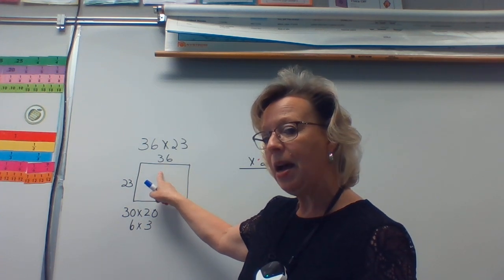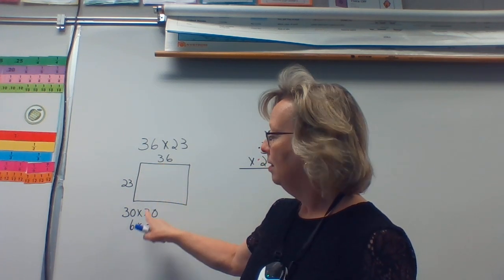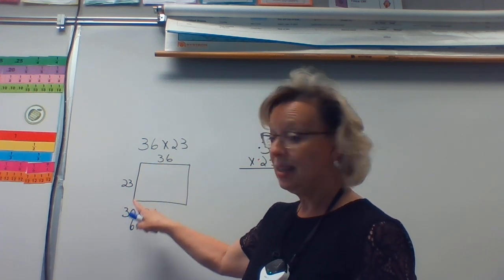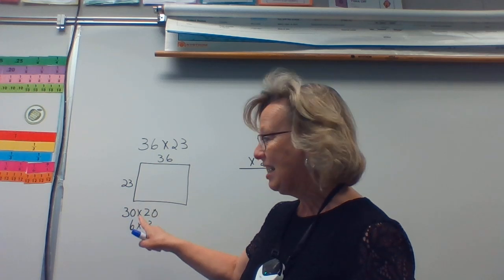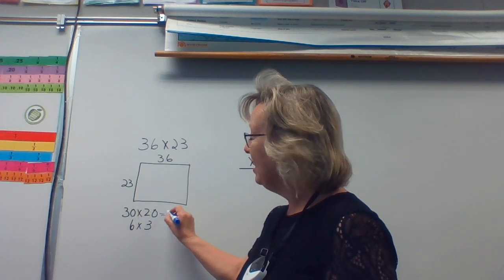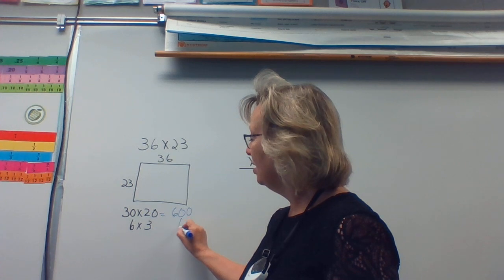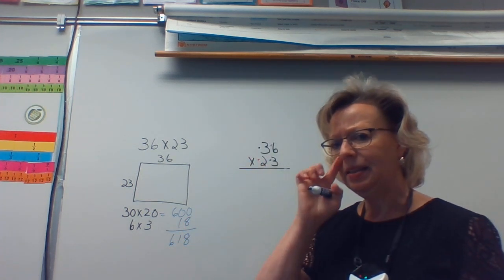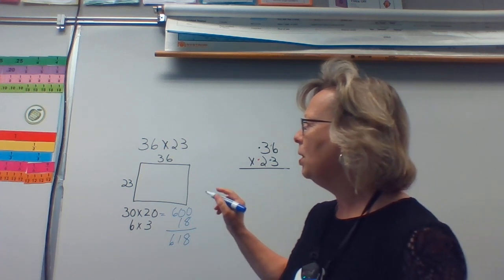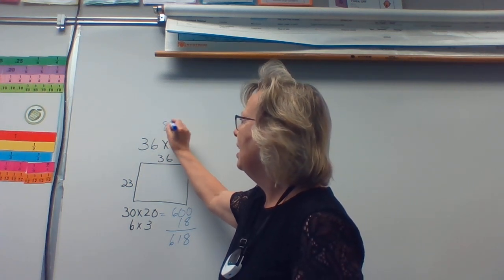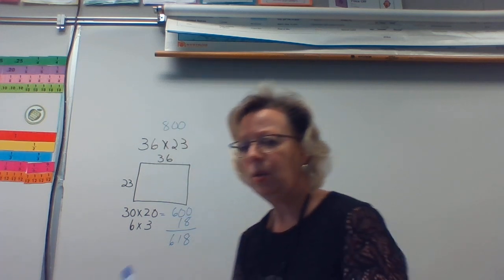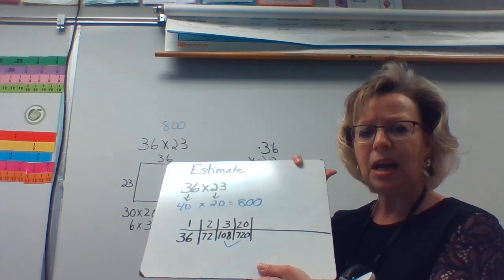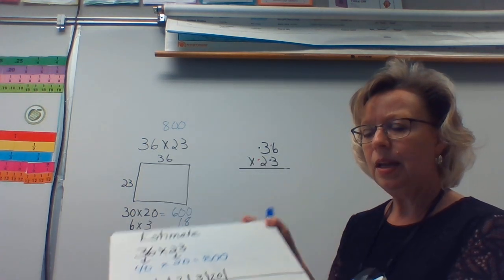Now, thinking about this array, can I just do 20 times 30 and 6 times 3? If I did that, my answer would be 618. But my estimate was around 800, and that answer doesn't match my ratio table.